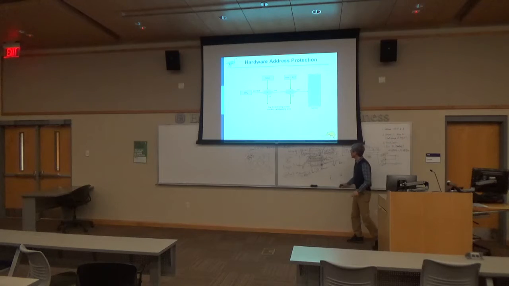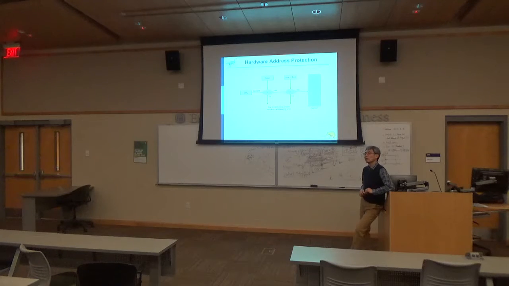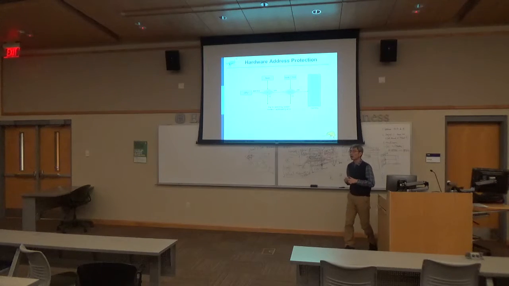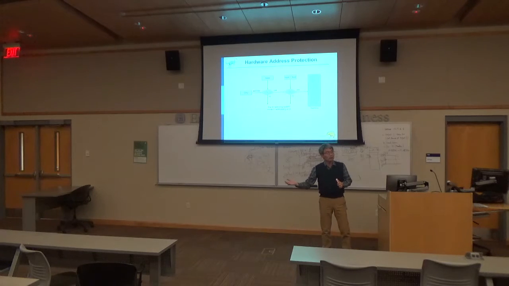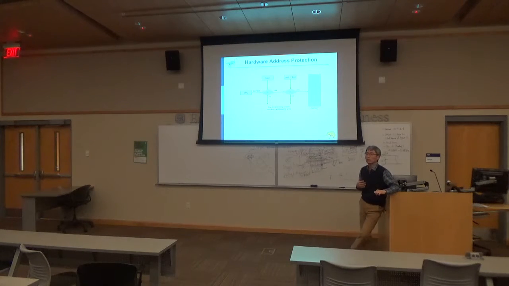So then, question: where can we keep such a base and limit? Eventually, it will be loaded into the base register and limit register. But if the process is not active, for example in the ready queue, then how can we keep such a base and limit, even including the program counter?